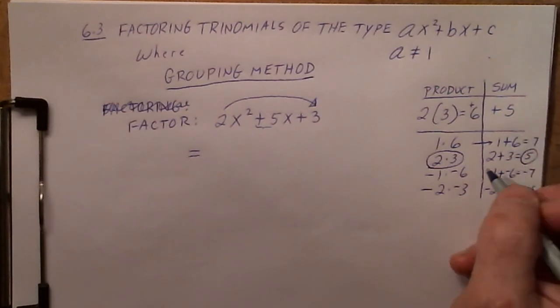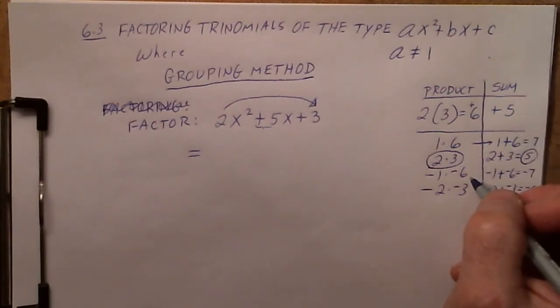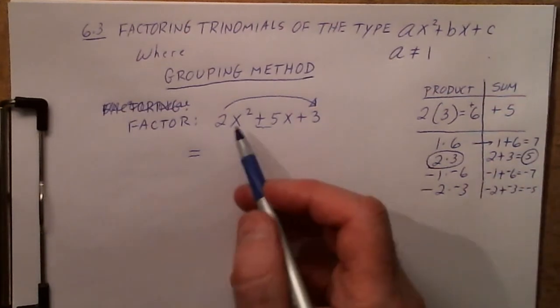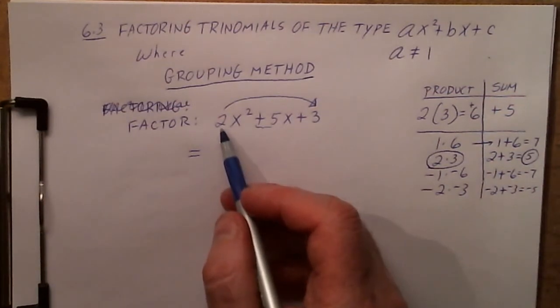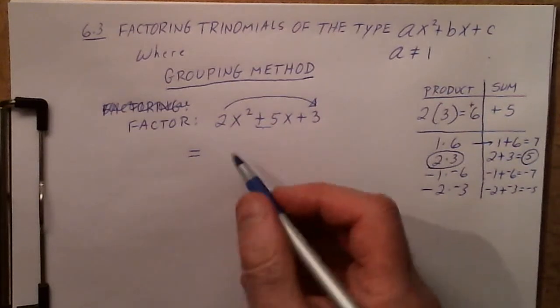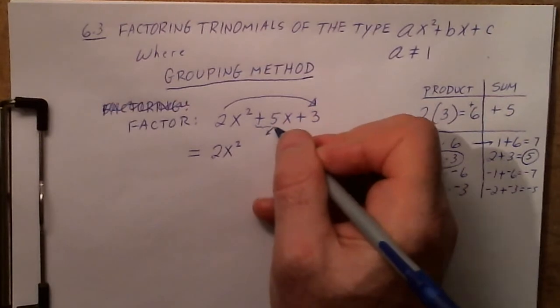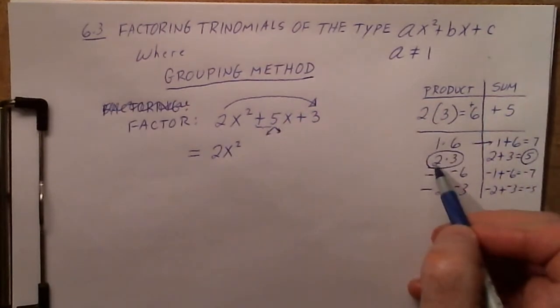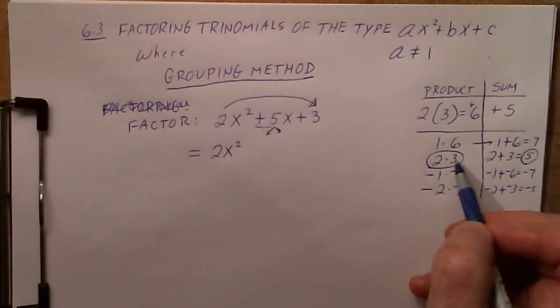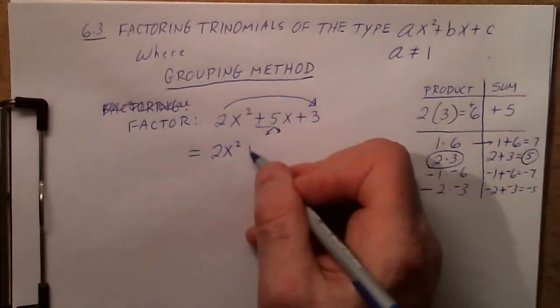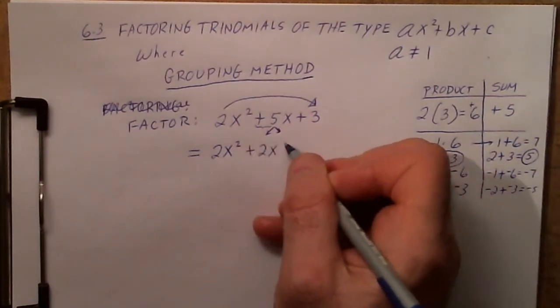Now this is where things differ between last week versus this week. Between the easy types of trinomials and the difficult ones, now where the leading coefficient is not 1. What we do is we rewrite this trinomial now as an equivalent four-term polynomial. The middle term 5x gets split up and rewritten as the sum of our decided upon factors over here. So 5x is rewritten as 2x plus 3x.